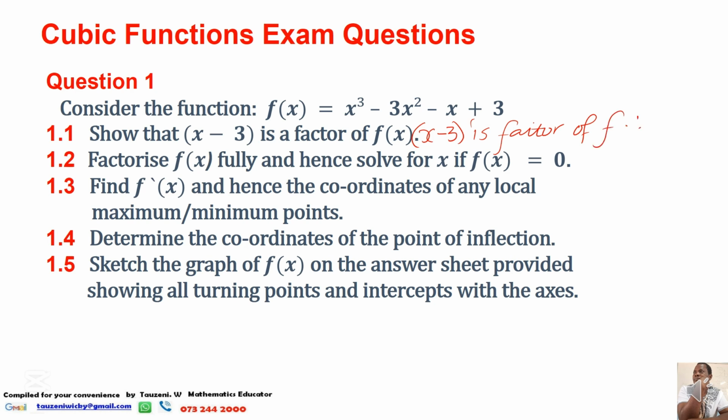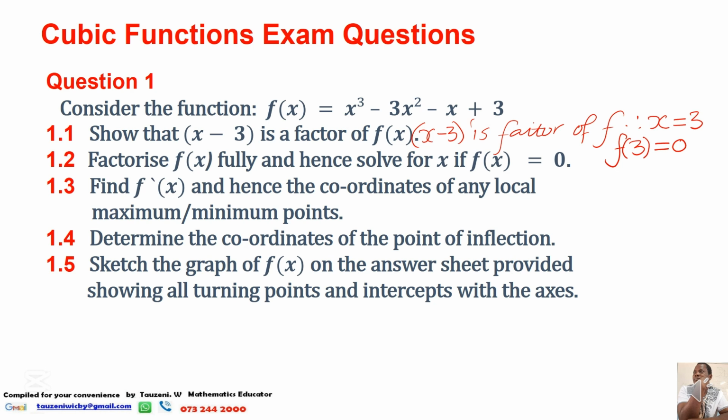Therefore, if x minus 3 is a factor of f of x, it means the value of x equal to 3 in f of x is equal to 0. So to prove this, you must find f of 3. That means you put 3 in place of x, and the value that you get there must equal 0. That is the proof required to show that x minus 3 is a factor of the expression. Very common question in a lot of examinations.